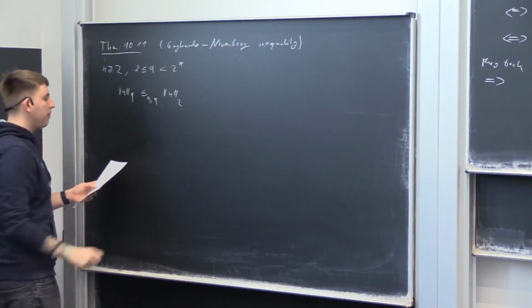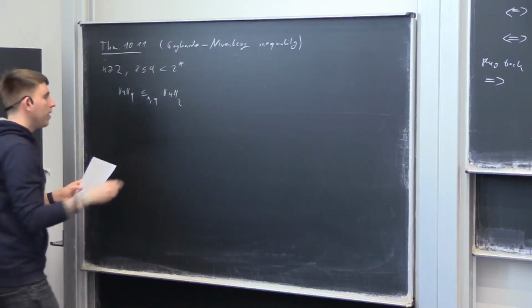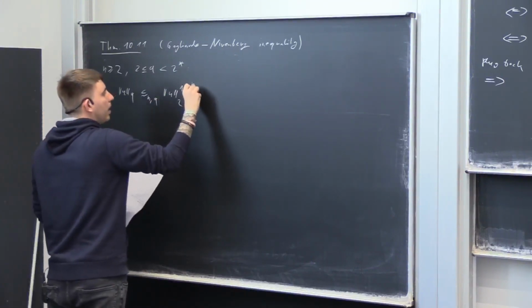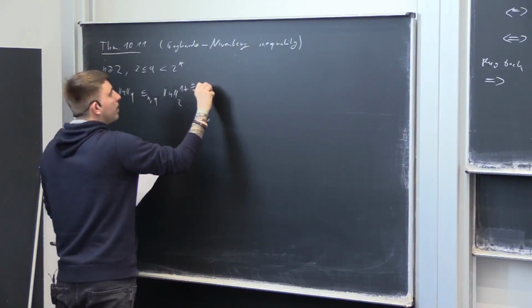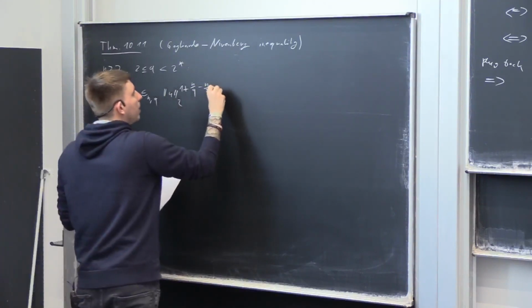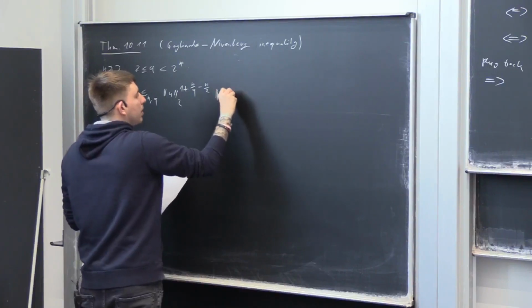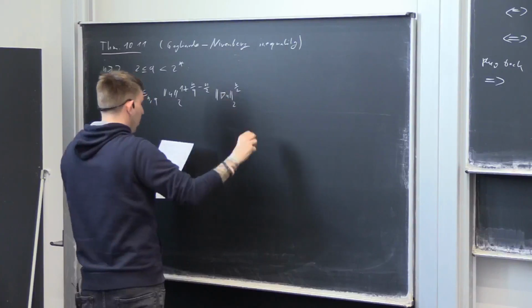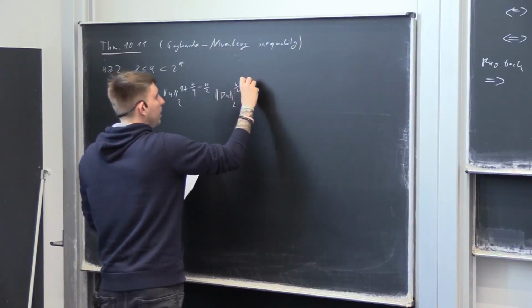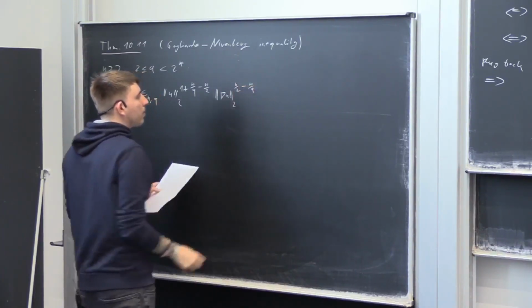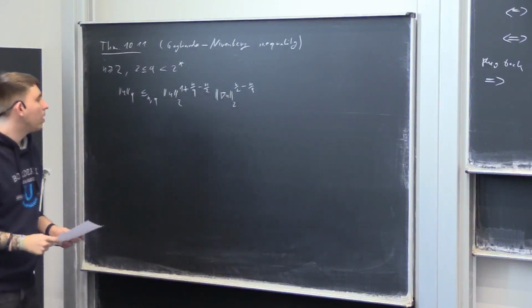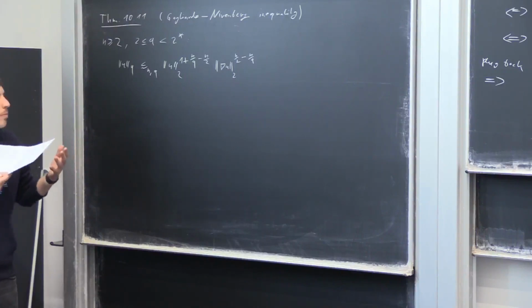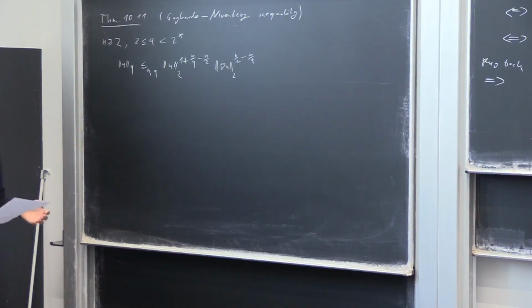One factor is the L2 norm of U to the power 1 plus n over q minus n over 2, and the second factor is the L2 norm of the gradient of U to the power n over 2 minus n over q. Because it is in this product form, it is still a sharp inequality.